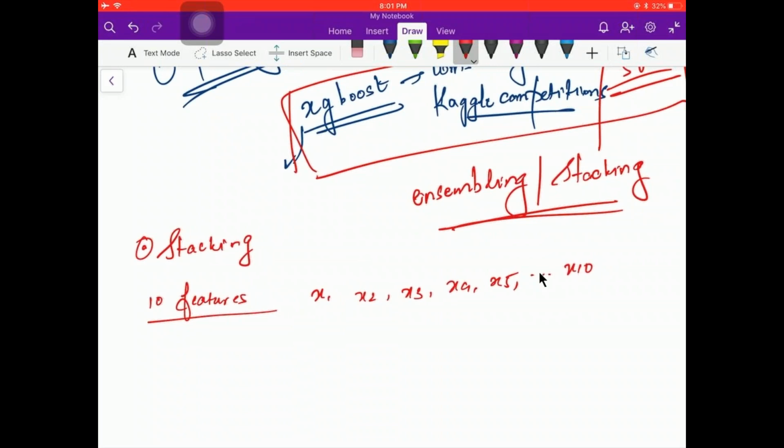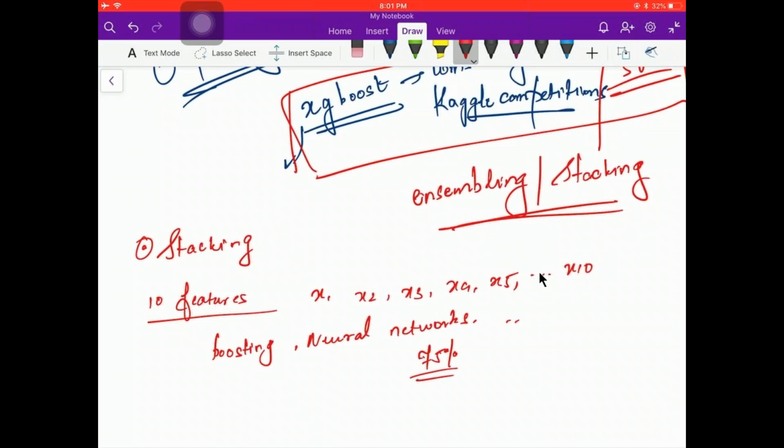Sometimes what happens is that you have done a lot of boosting, neural networks, everything possible, but you're still getting, let's say, 75% accuracy.